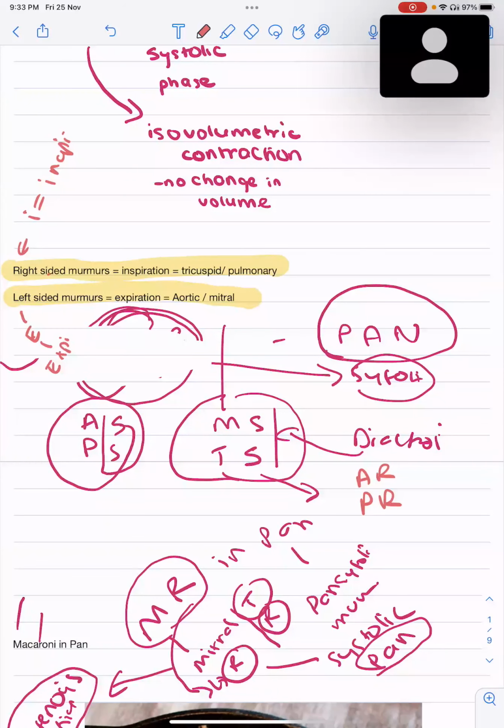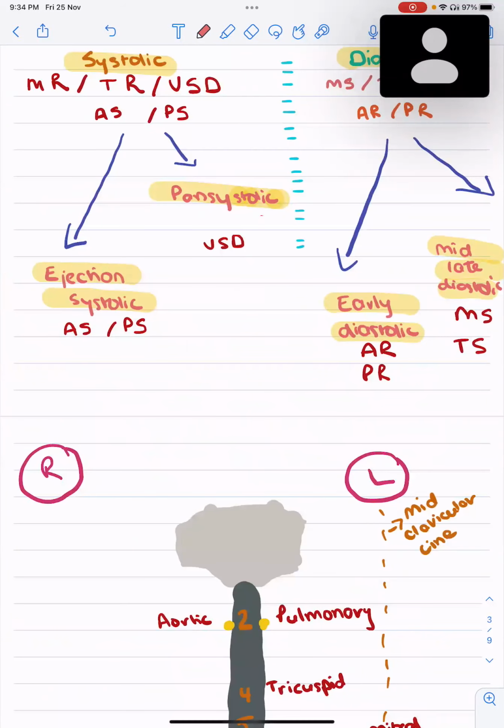This is how you're going to deduce. Similarly, if I say it's increasing on expiration, then it's mitral regurgitation. So this is how you are going to further divide MR and TR. Either you check if it's louder on inspiration, so it's TR, and if it's louder on expiration, it is MR. So this is how you're going to further draw the flowchart for yourself.